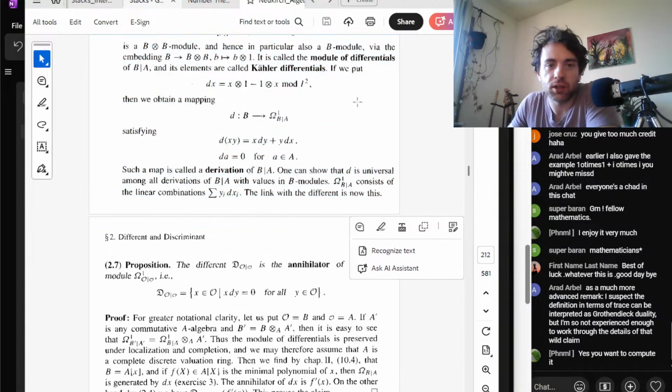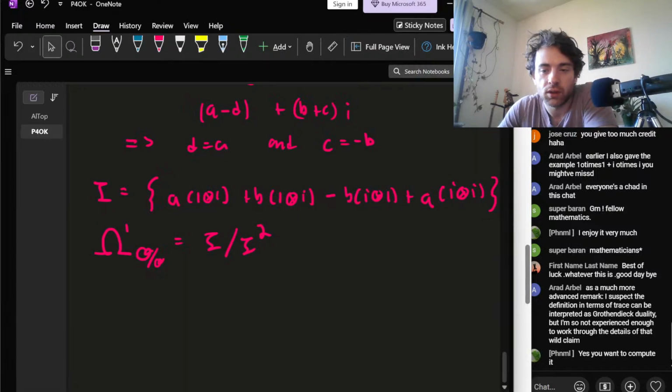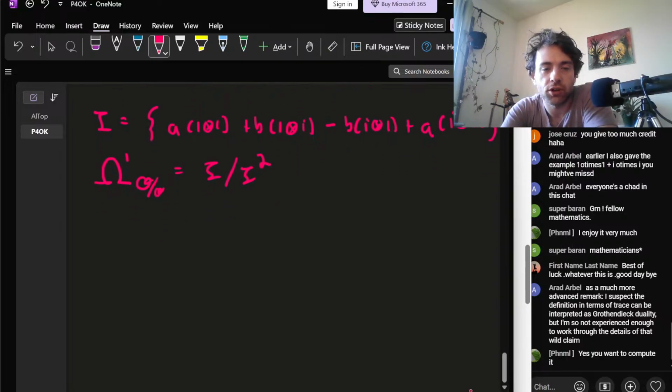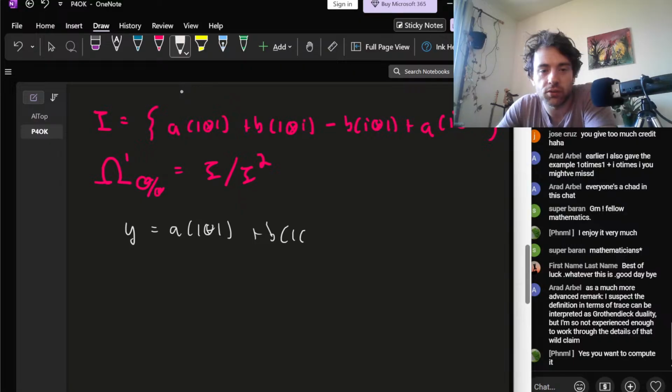Right, because maybe we can get further. So we could take this, right? If we had some arbitrary y in here, let's just compute the differential first.